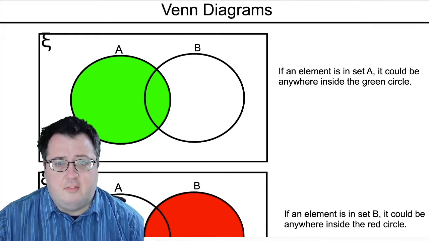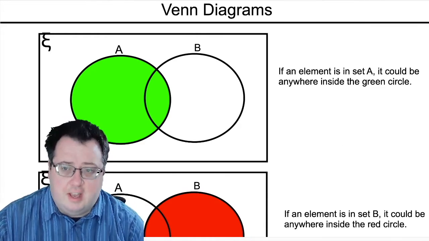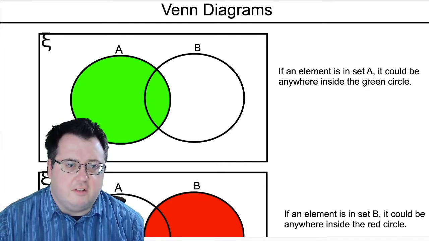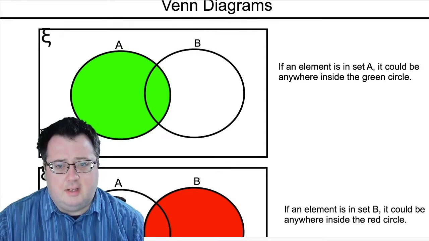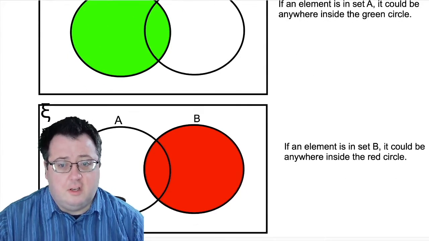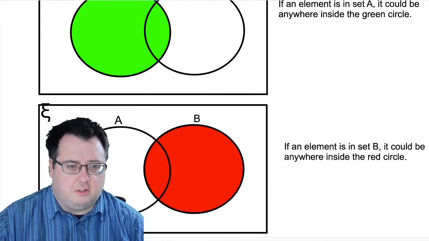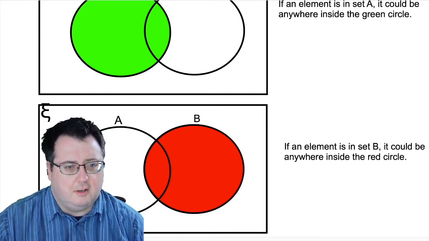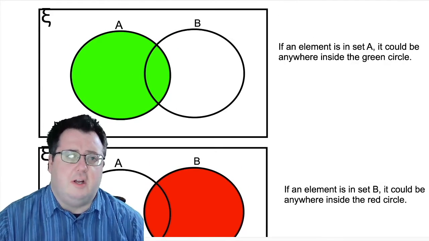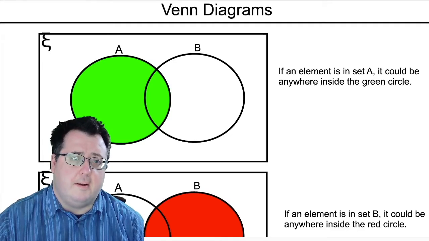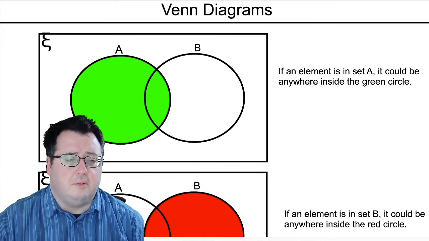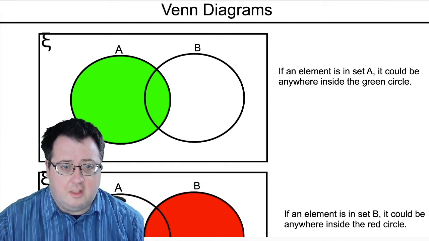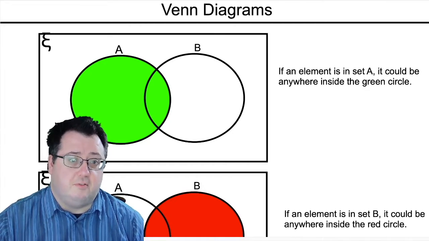So, if an element is going to be in set A, it could be anywhere inside the green circle. And if it's in set B, it could be anywhere inside the red circle. Okay. Trying to think of an example where you would understand that. Let's say that E was the numbers between 1 and 15. Then A was multiples of 5.